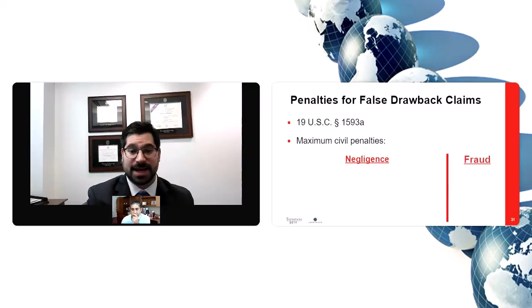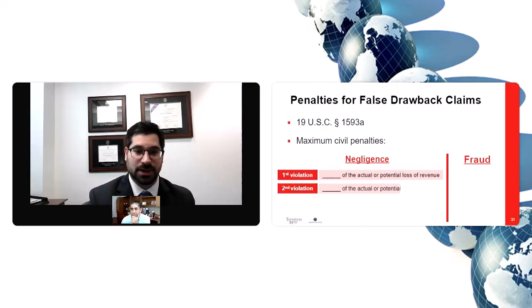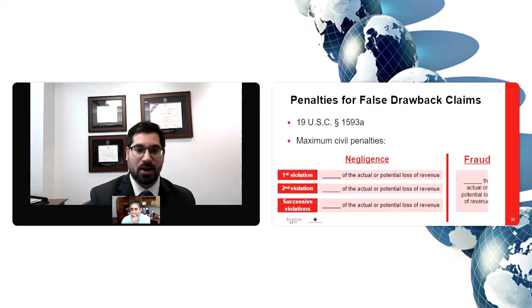There are two identified: negligence and fraud. And as you can see in the matrix on the screen, depending on the frequency of your violation, there is a difference in what the maximum civil penalty is, but it is going to be tied ultimately to the actual or potential loss of revenue.